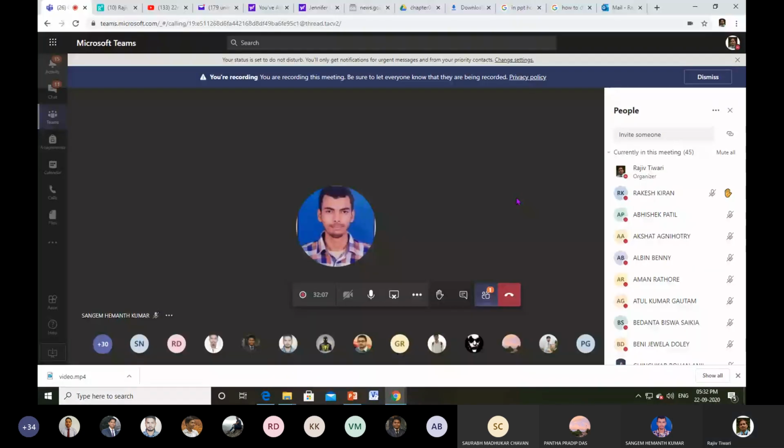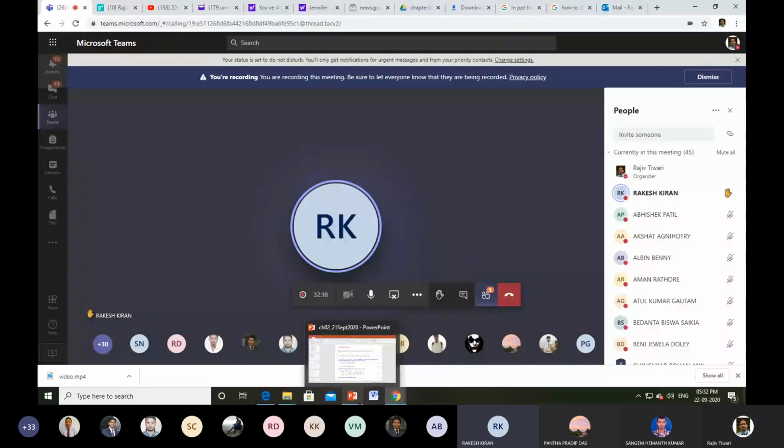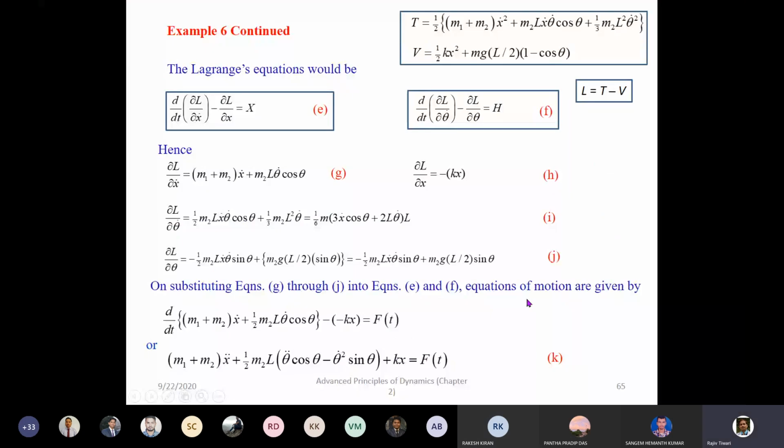If you have Kiran. Sir. Yes, sir. Sir, on the 65th page, equation number 2, first term I didn't go how it came. Which slide? 50? 65th page, 65. 60? So just 65, just the page before. Sir, in this equation 1, the first term, that is d dou L by dou theta dot.